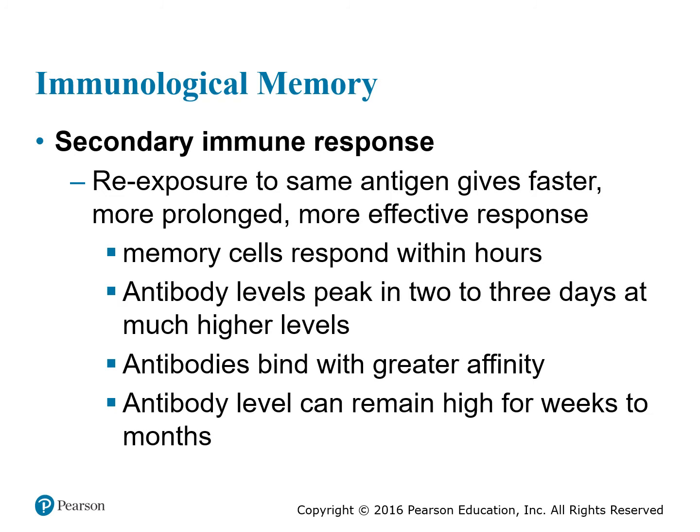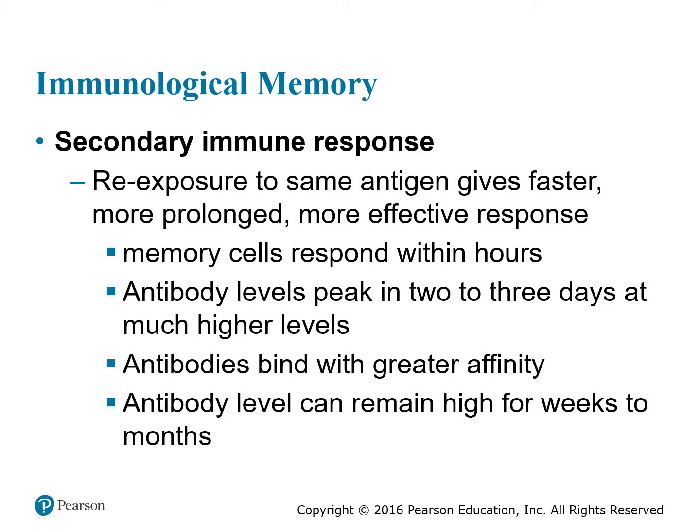Now, if it's your secondary immune response, so if it's your second or even third time of contracting the same infection, it's definitely going to be faster the second time around. We mentioned it briefly. The reason it's faster is that this time you have memory cells.